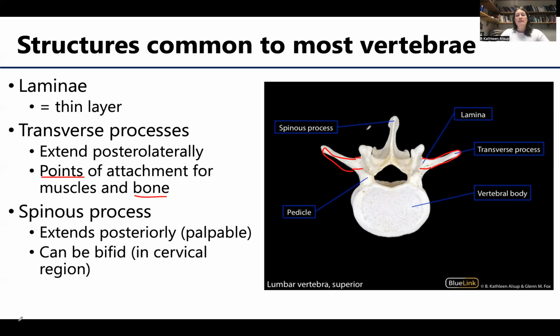And then last but not least, in this general region, you have the spinous process, and this extends posteriorly. These are palpable. If you feel down the middle of your back, you're feeling all these spinous processes. And in certain regions, specifically the cervical region, these can be bifid, meaning they can be split into two right here.